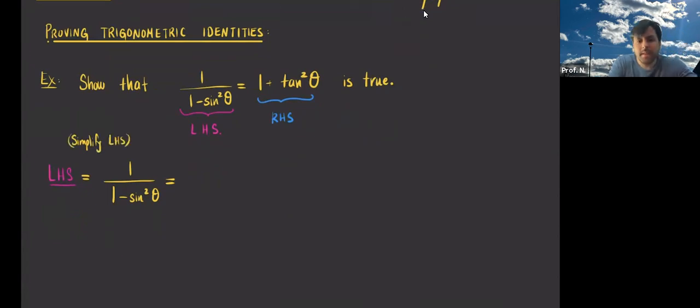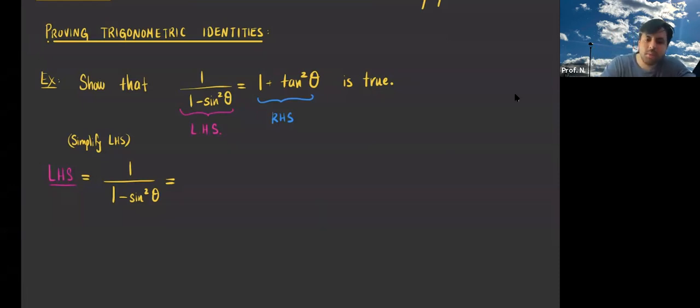Okay, can anybody tell me what the denominator is also equal to? This is where you have to go back to that list of trig identities that we talked about in the beginning. Remember, sine squared plus cosine squared is 1. That's the Pythagorean identity, and a lot of other identities stem from that identity.